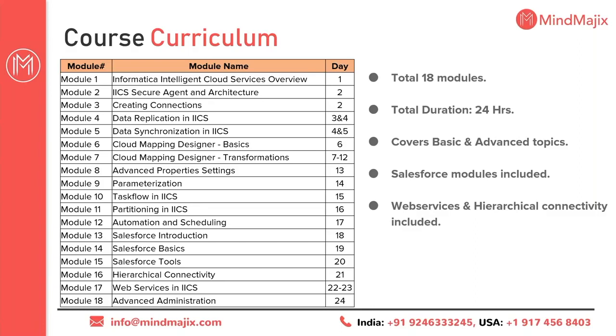Finally, we will have advanced administration. In this advanced administration, we'll talk about how we can deal with admin level stuff. For example, if we happen to work as an Informatica Cloud admin on a particular day, how we can address creation of user accounts, how we can provide access, or maybe if we are setting some security standards, for example the password standards.